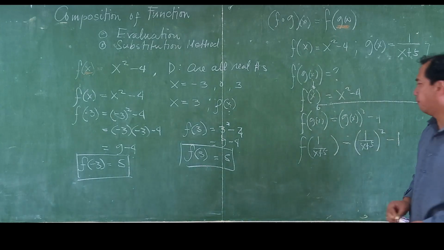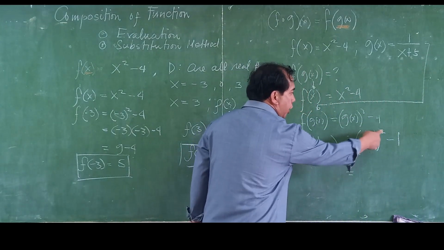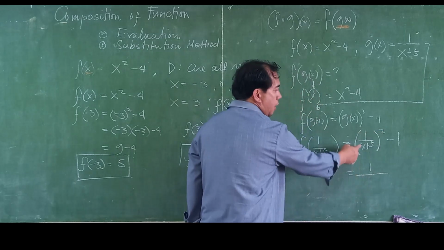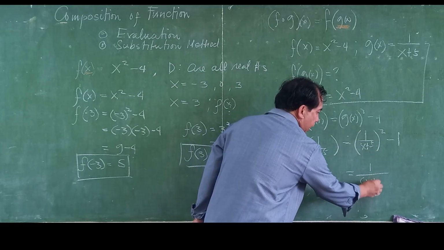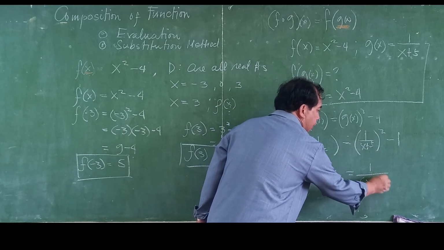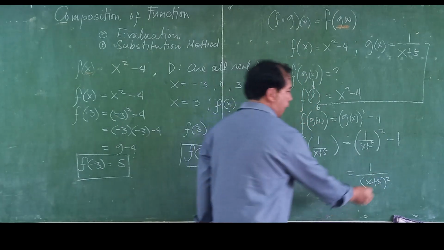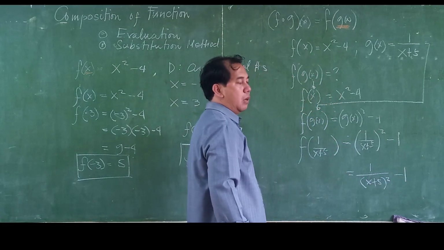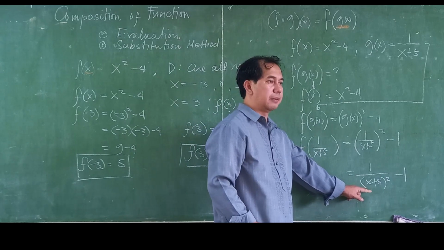Now let's try to have. Meaning to say, 1 raised to 2, that is the same as 1. x plus 5 raised to 2, it will give you x plus 5 raised to 2, minus 1. What are we going to do? Expand. We will expand.